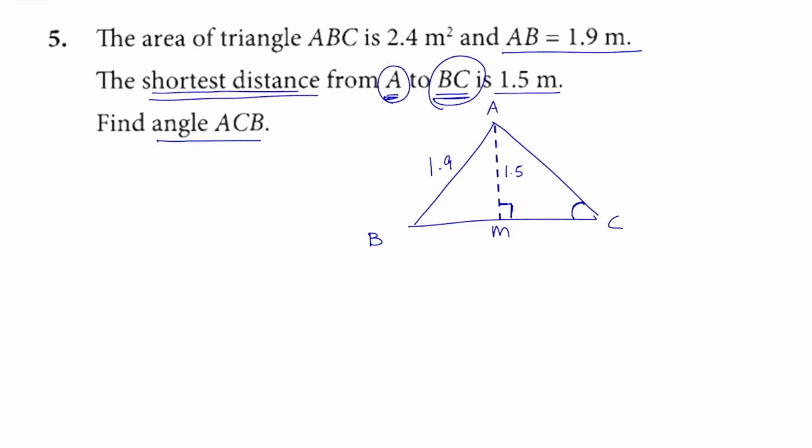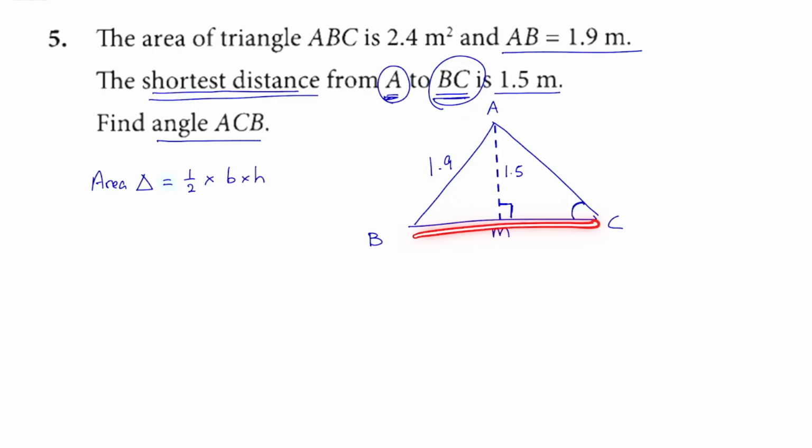Okay, so I have this line. So I have area. Does it mean that I can actually find what is BC? Yes, I can. So I can find BC how? Area of triangle equals to half times base times height.